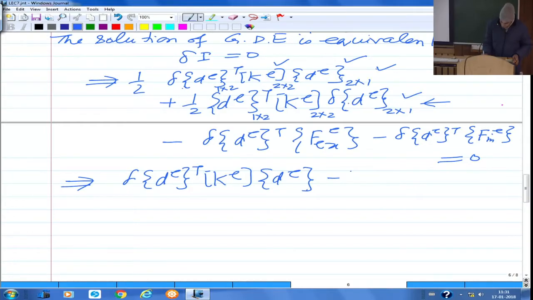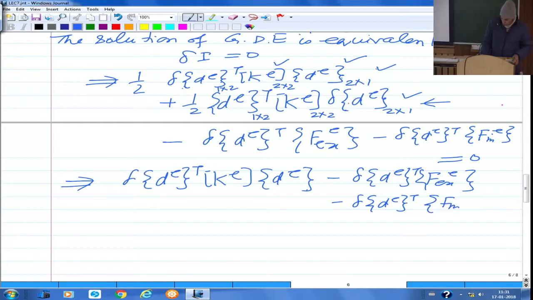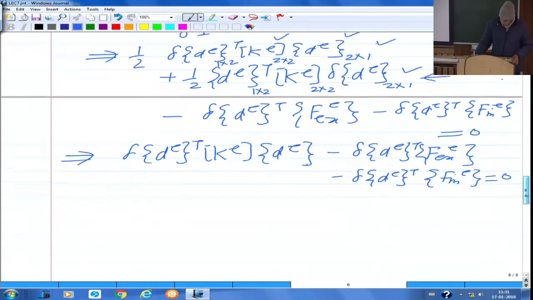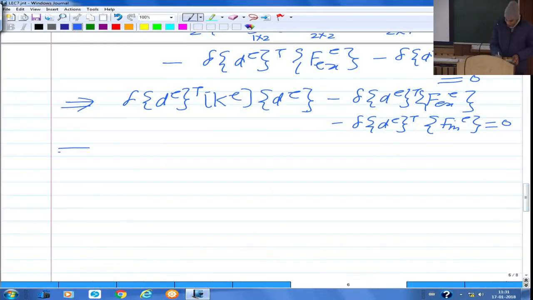So let me do one more thing here. In the next step, I will take delta of dE transpose into F external E minus delta of dE transpose into F internal E. It's getting repeated too many times, so let us take the delta of dE common throughout. Let me put it in vector form.